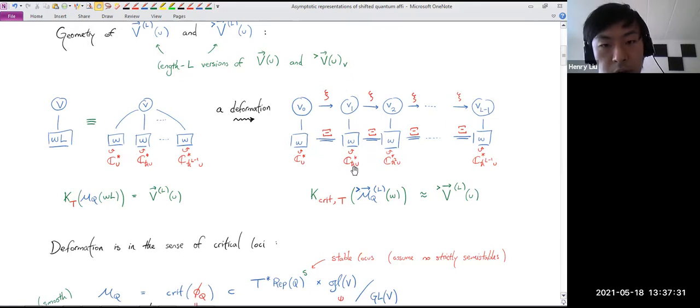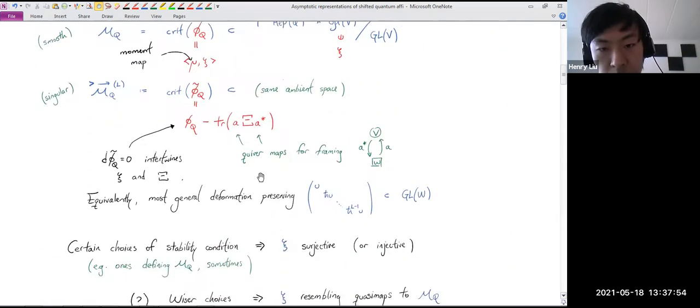The lowering operator has to preserve the fact that it's a length L flag, and so it can only lower the very last element in that flag. But now if you take the length off to infinity, there is no last element for your lowering operator to actually lower. And so what will happen is that you get a whole bunch of irreducible modules.